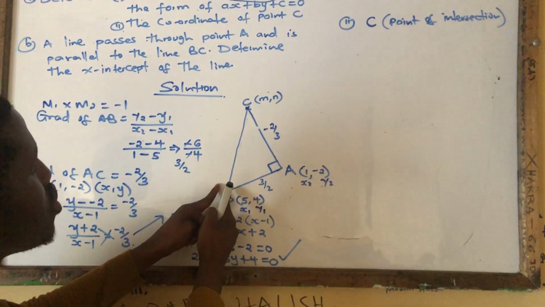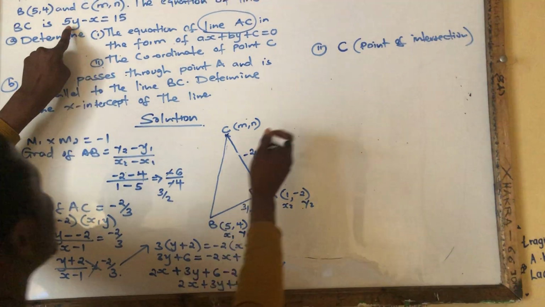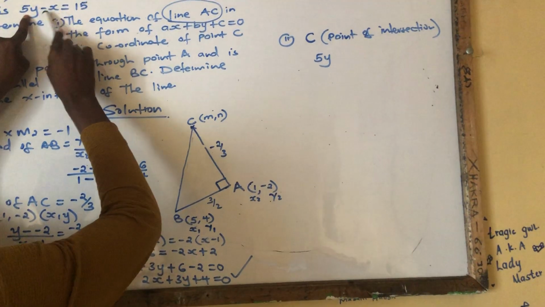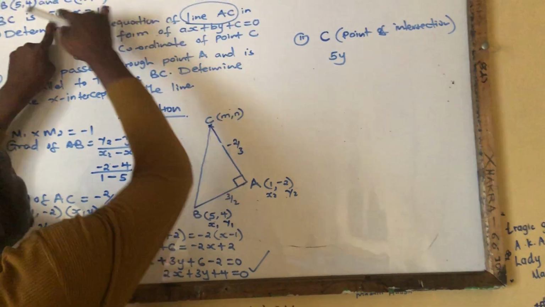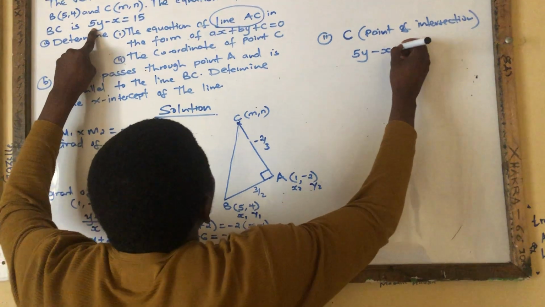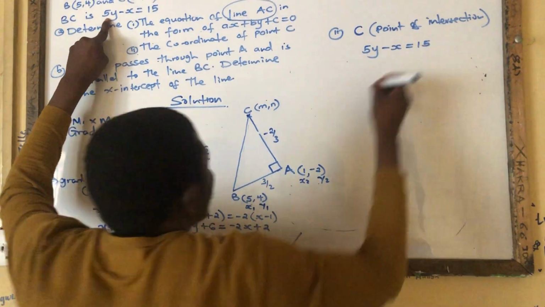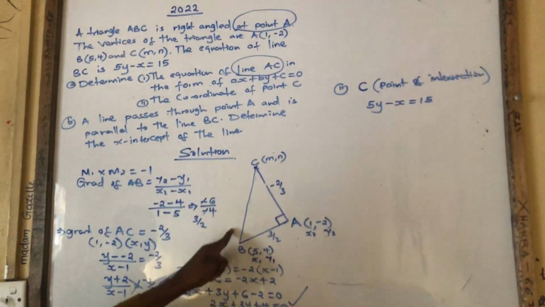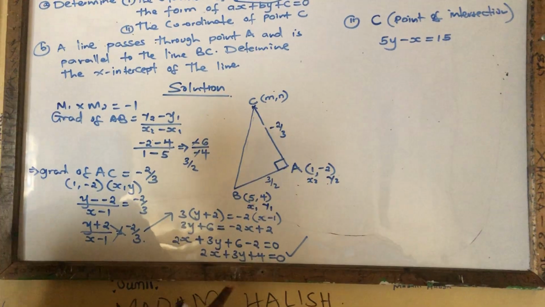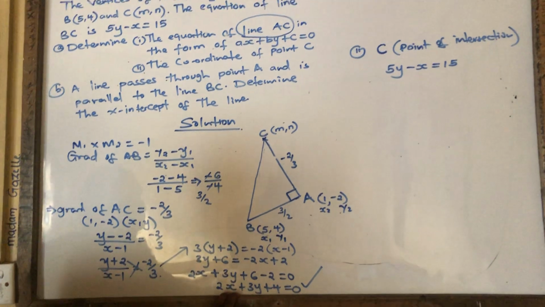What is the equation of line BC? The equation was given here. The equation of line BC is 5y minus x is equals to 15. What is the equation of line AC? That one we got for ourselves.